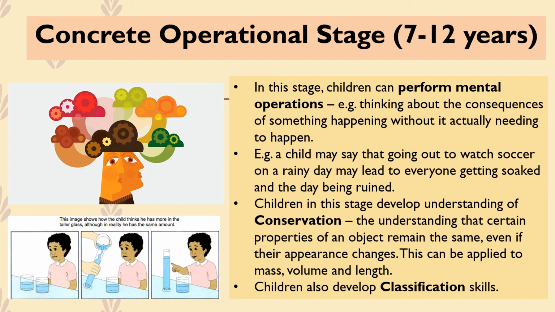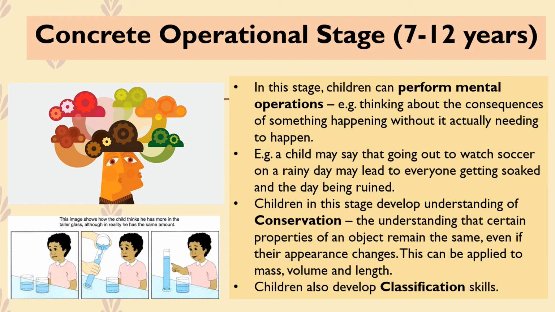So basically, in this stage, we also talked about this thing of conservation. So in this stage, children also start to understand this concept of conservation, that certain elements or properties of an object can remain the same even if their appearance changes. So this can be applied to mass, to volume, to length.